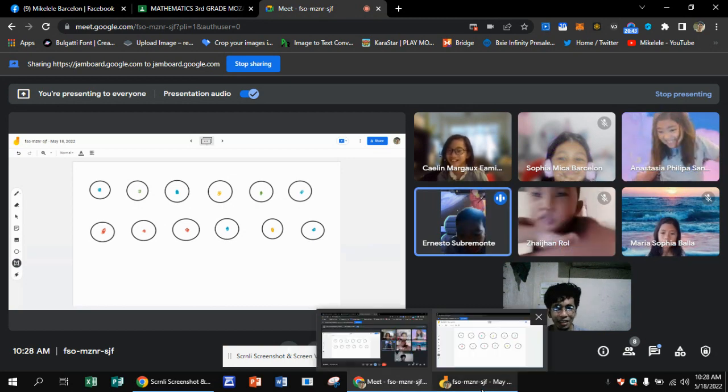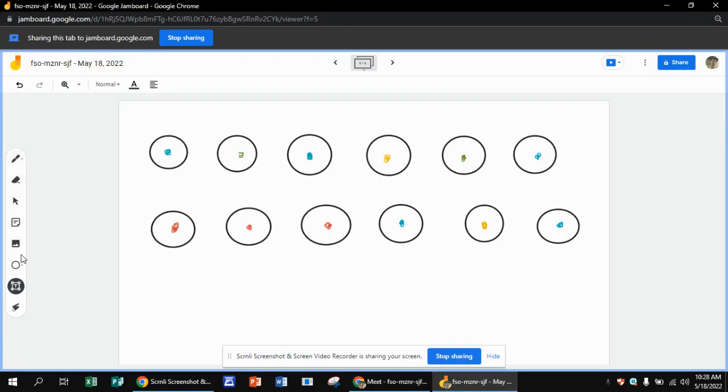Okay, so how can you write it in fraction? Type it on the chat box, okay?